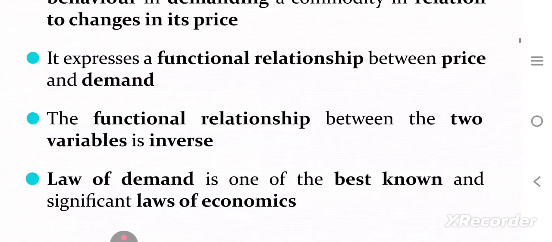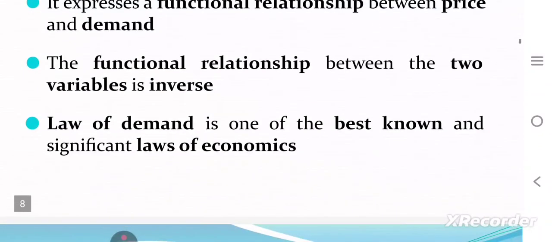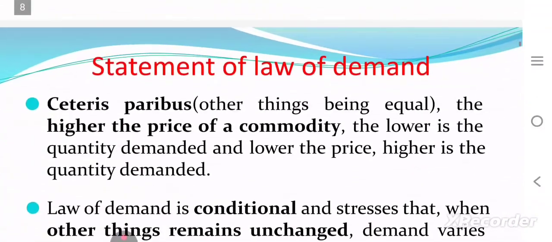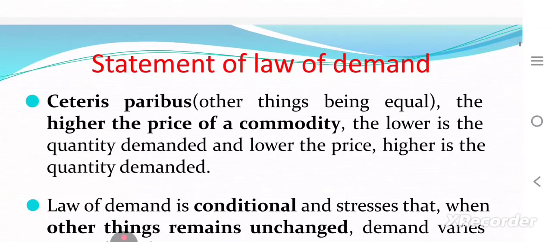See, this functional relationship which we have studied before this topic, the law of demand, is between two variables in inverse. Okay, and it is one of the best known, significant laws in economics. And the third one is the statement of the law of demand.